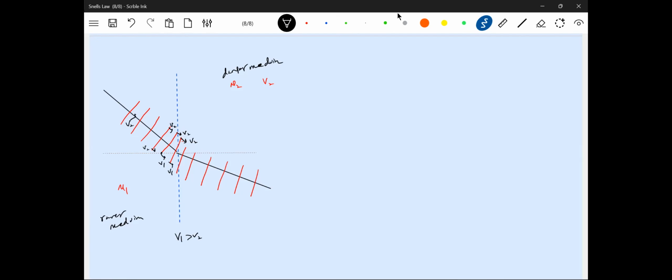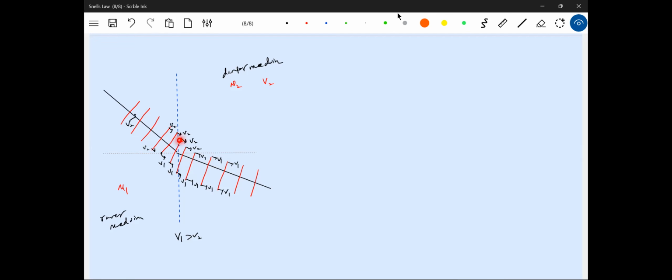Once they enter, again you can see here, this is v2, v1. Then v1, v1. So when a ray of light moves from denser to rare medium, it should bend away from normal.